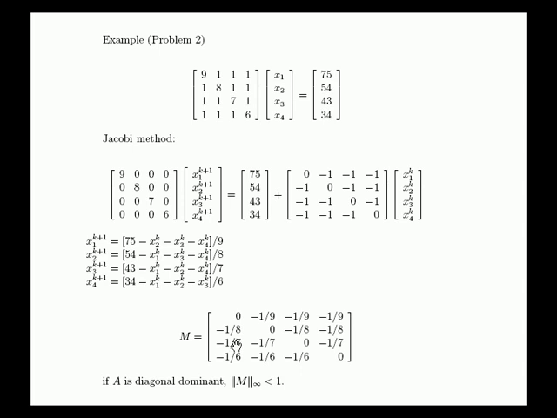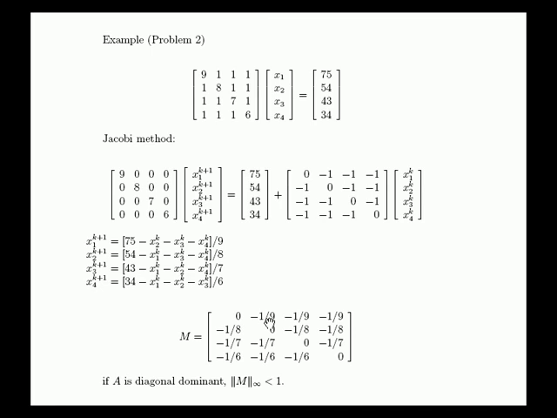Now notice that the infinity norm of this matrix is less than 1 because the sum of the absolute values of every row adds up to less than 1. That's because the original matrix is diagonally dominant. Diagonally dominant, for a matrix, means that the diagonal entry is bigger than the sum of all the others put together in absolute value. So 9 is bigger than 1 plus 1 plus 1, 8 is bigger than, etc. 6 is bigger than 1 plus 1.